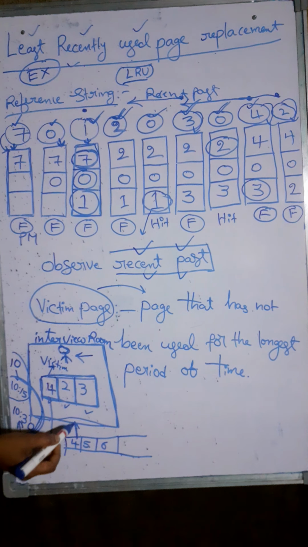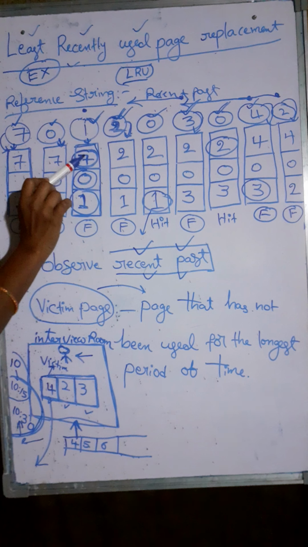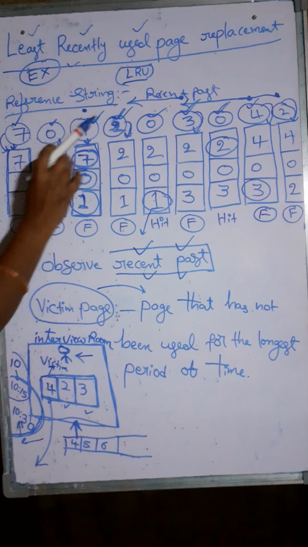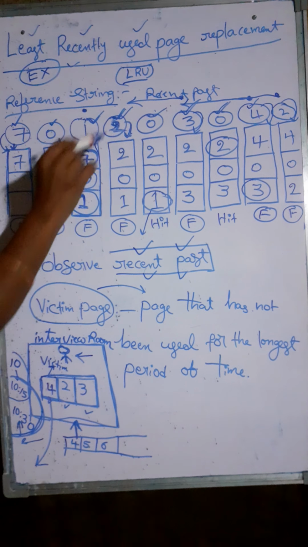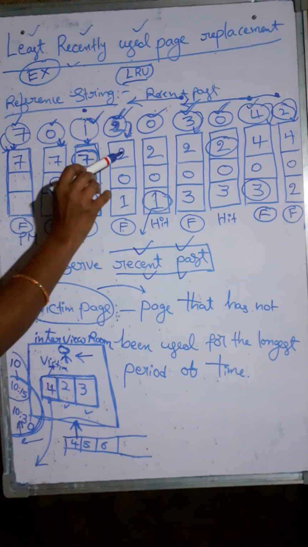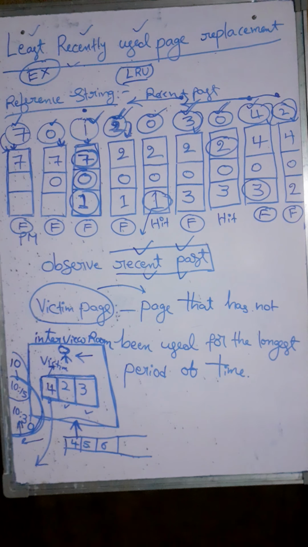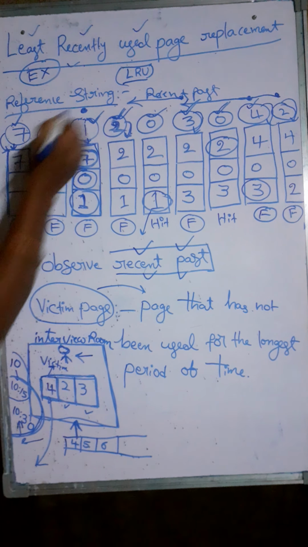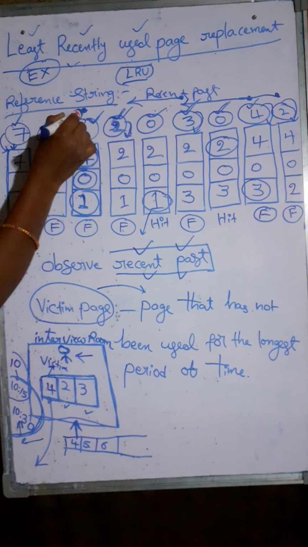So now in order to allocate memory space for page 2, we should choose one of the frames as the victim frame. That means we should free up some space in the primary memory, then only we can allocate memory for page 2, right? So here the operating system will observe the recent past.